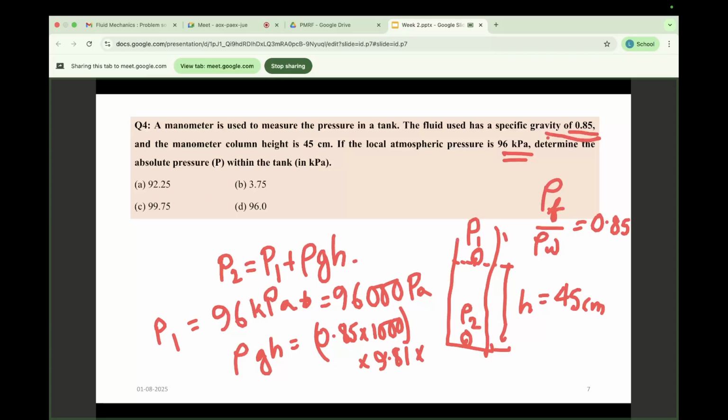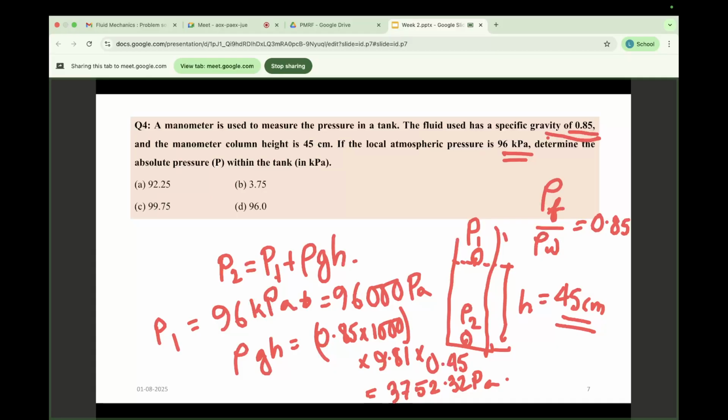9.81, and the height is given in centimeter, so we have to convert it into meter. So there should be 0.45. After calculating this, you will get most probably 3752.32 Pascal.